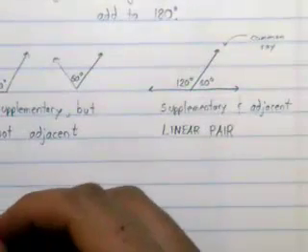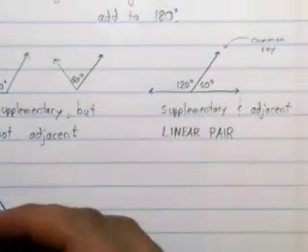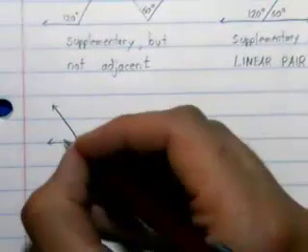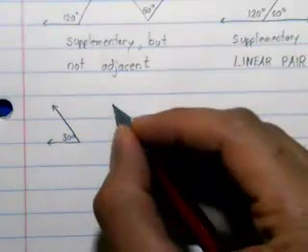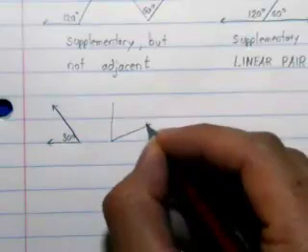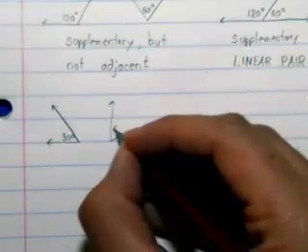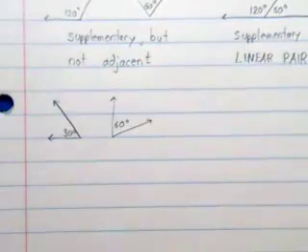Now complementary. Let's say we've got this angle, and it is 30 degrees. We've got this angle over here. It's 60 degrees. Those are not adjacent again, right? Their measurements add up to 90 degrees this time.